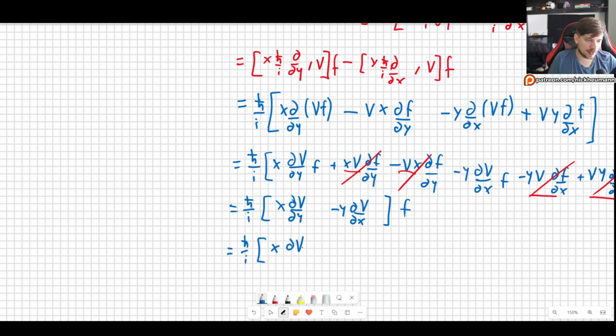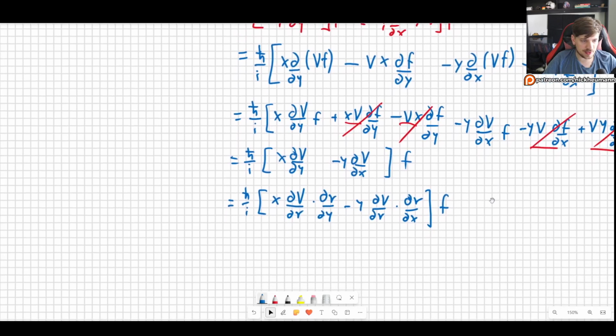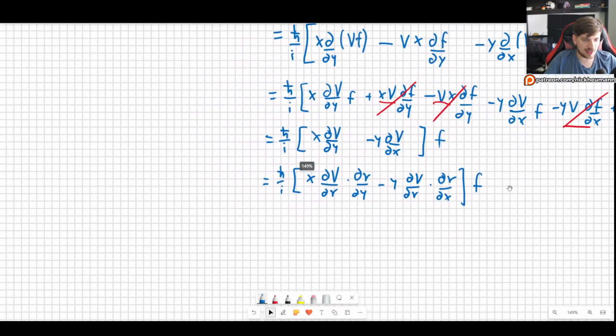We're going to now write this as dv dr times dr dy minus y dv dr times dr dx. Okay, and by doing this, we can now easily calculate dr dy and dr dx, because we know that r is going to be the square root of x squared plus y squared plus z squared.